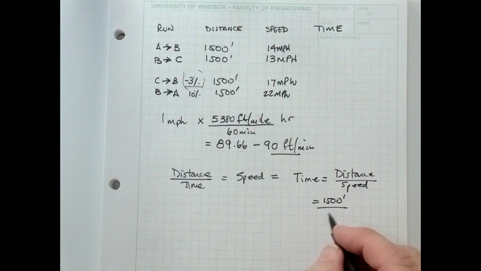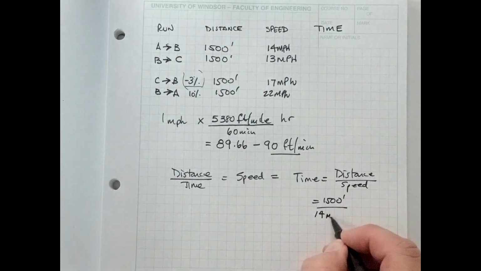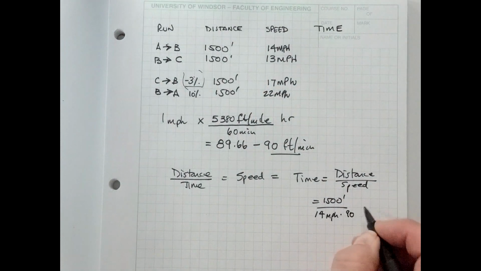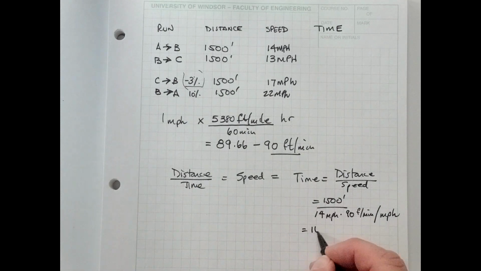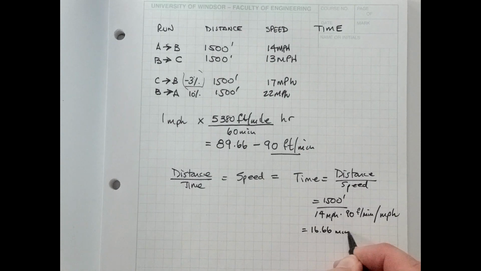Our speed is 14 miles an hour multiplied by 90 feet per minute per mile per hour. And that's going to take 16.66 minutes to travel 1,500 feet. 1,500 feet is about 3/10 of a mile.